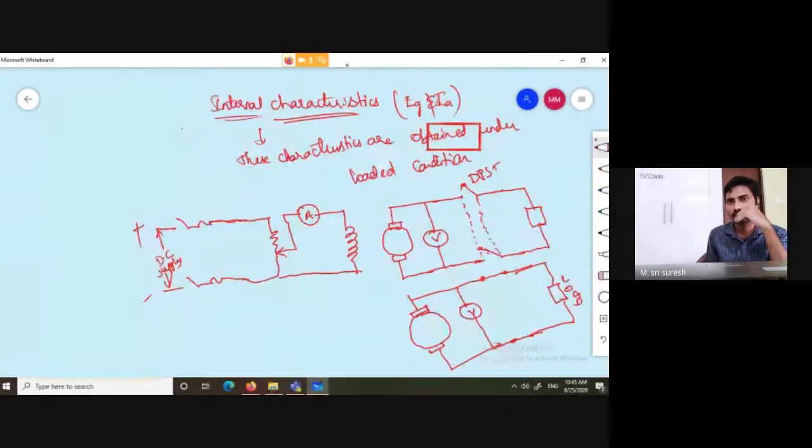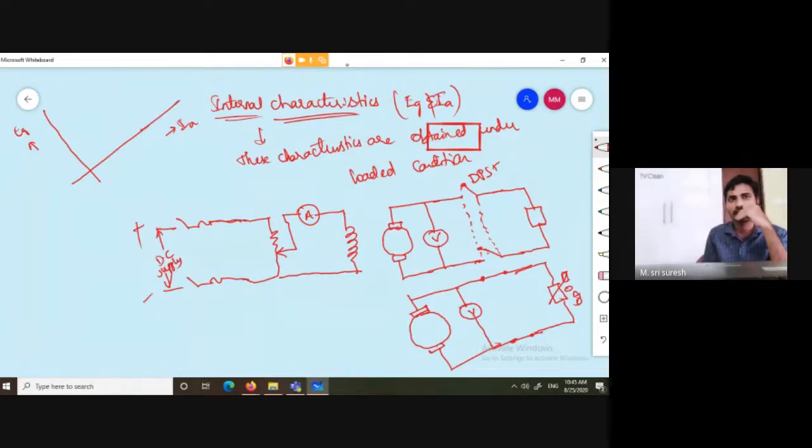Now we'll see, this load is variable. After completing the open circuit characteristics, we are performing the internal characteristics. In the open circuit characteristics, we got the EG0 maximum value. So we are taking EG and IA.